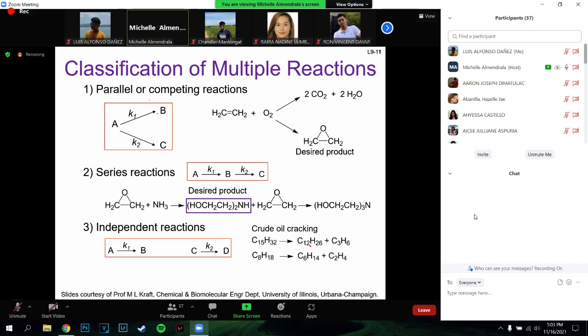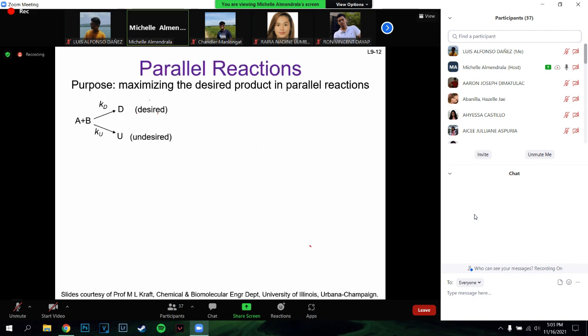Okay, and this is crude oil cracking, an independent reaction. And then you have complex reactions as well. When you say complex, it's more like you have several reactants forming several products, and then your previous reactant and the new product will interact to form a new product E. So that's a complex reaction. Okay.